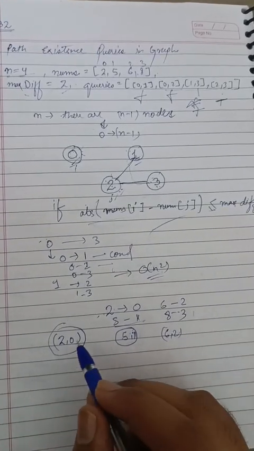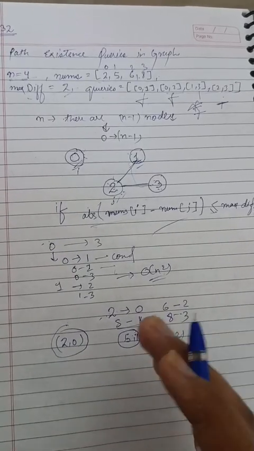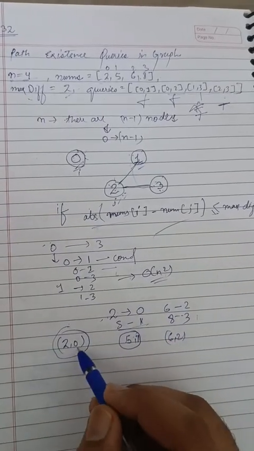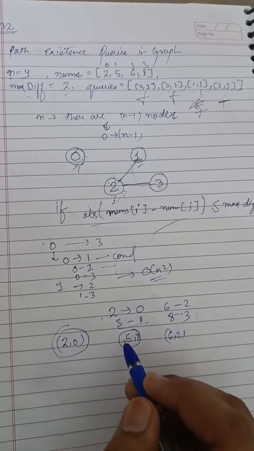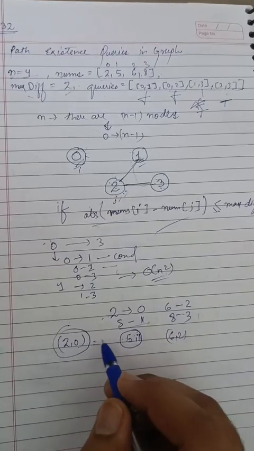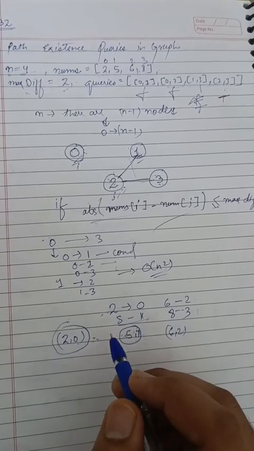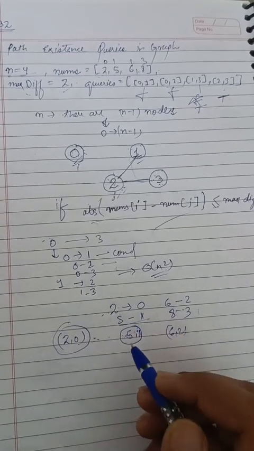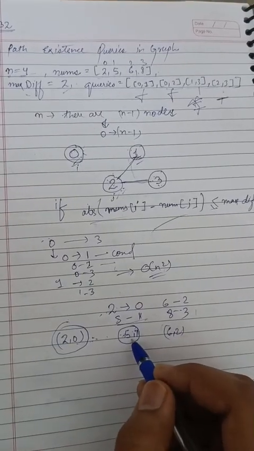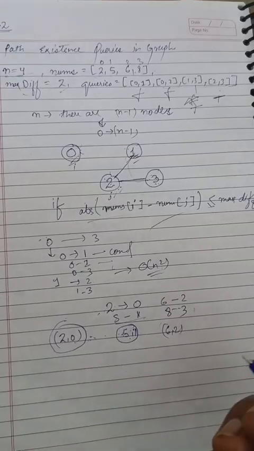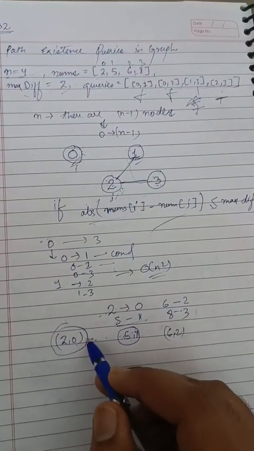Now I will not compare it with this 6, because I am moving through the elements in ascending fashion. If the difference between these two is not less than the maximum difference, then how can it be possible that a number greater than this one is less than the maximum difference? It's not possible, right? So why check?